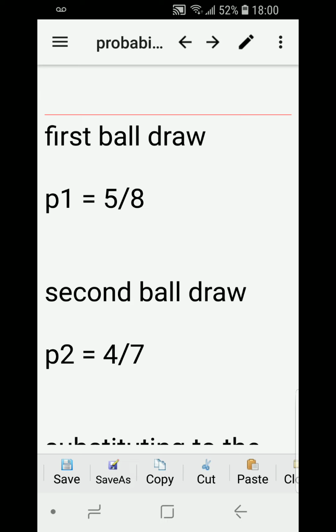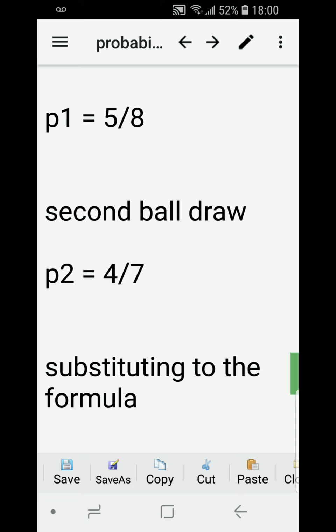And on the second draw, the probability P2 for drawing a black ball is now reduced to 4 out of 7. We only now have 7 balls available to draw from, and there are only 4 possibilities for black.